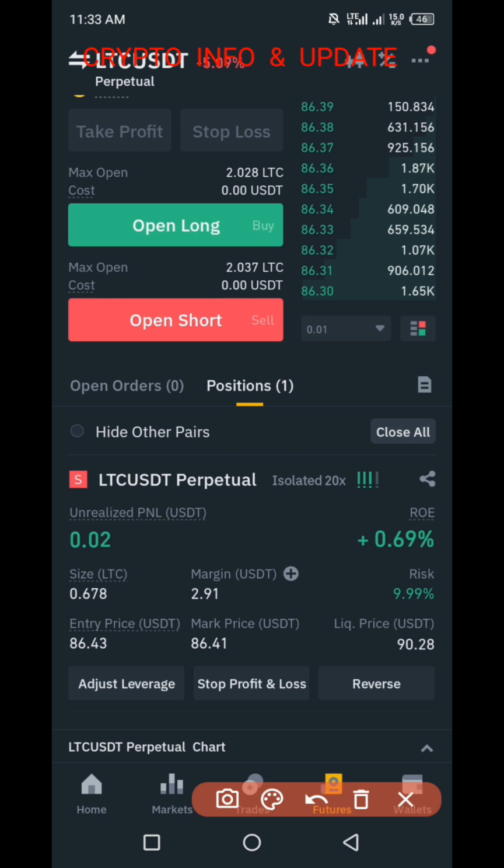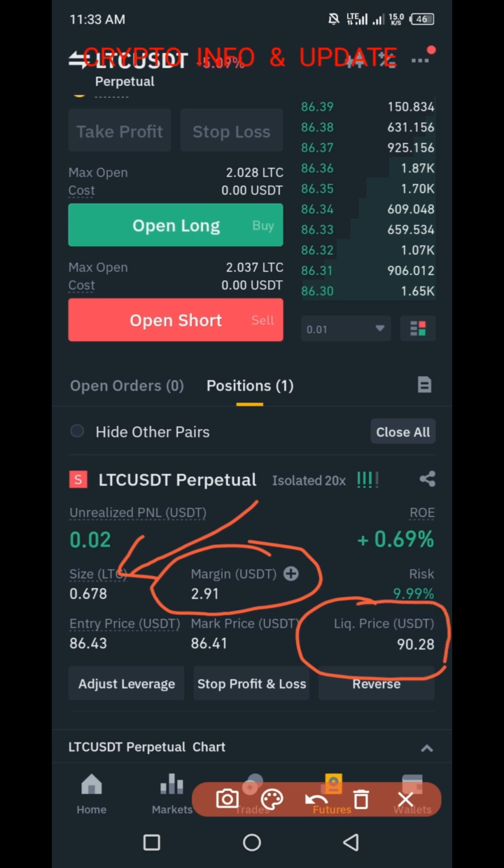The liquidation price is 90.28. Take note of all of these figures I just mentioned.